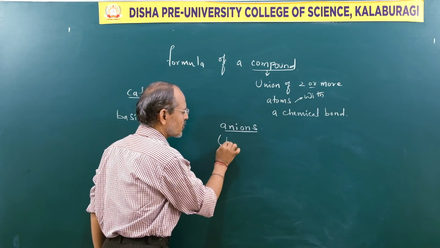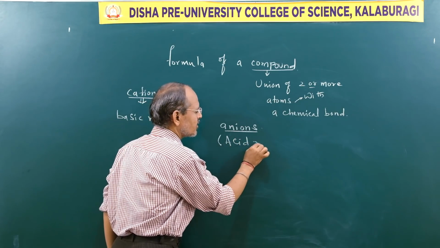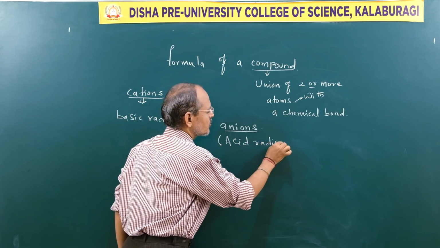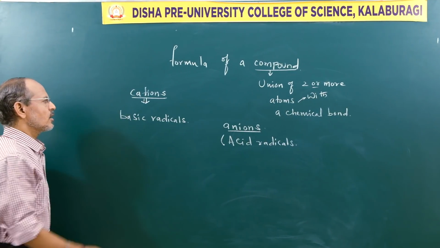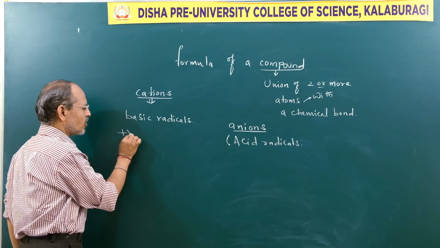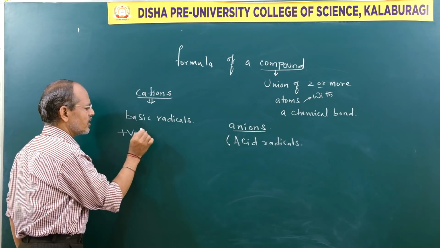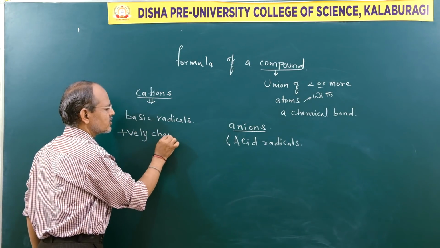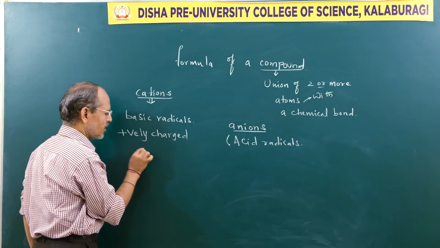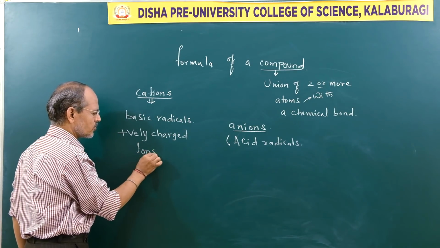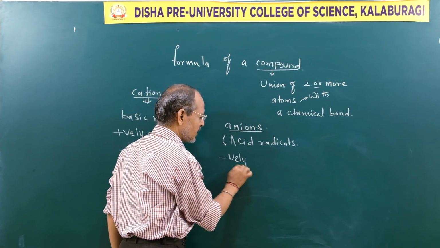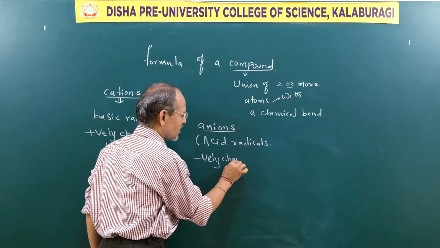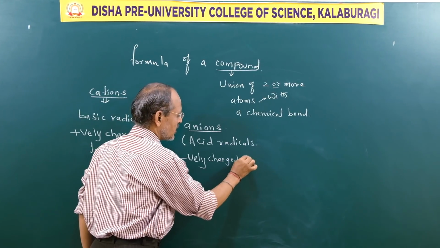Anions are also called as acid radicals. They are also called as positively charged ions. They are negatively charged ions.